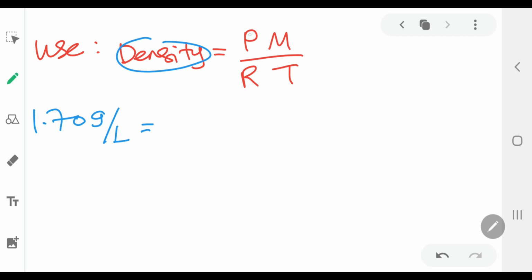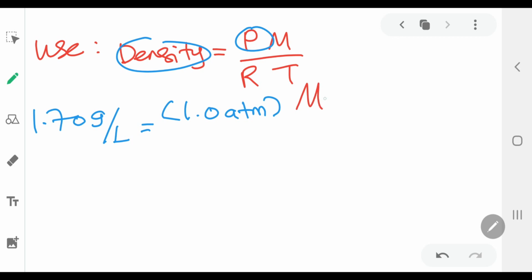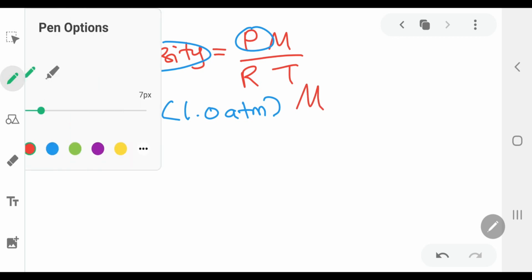And then the pressure is about 1 atm because it is at STP. So when it is given STP, you know that the pressure would be 1 atmospheric pressure. And we're going to find this, so that is the unknown.